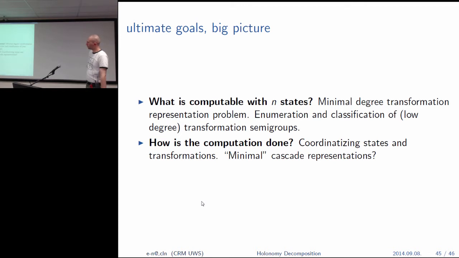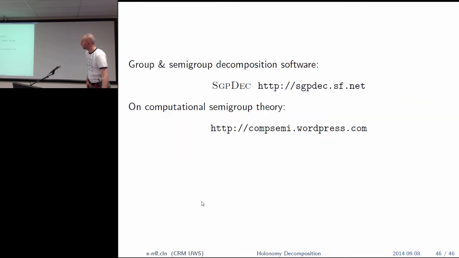In the transformation representation problem, it's a clear parameter: you just want to minimize the number of states to act on. But with the cascade ones, there are many things. There could be a bigger representation, but it has some very nice properties we can exploit. We can have a nice algorithm to manipulate this coordinate system, like we have in arithmetic when we do addition and multiplication together. So these are the big questions.